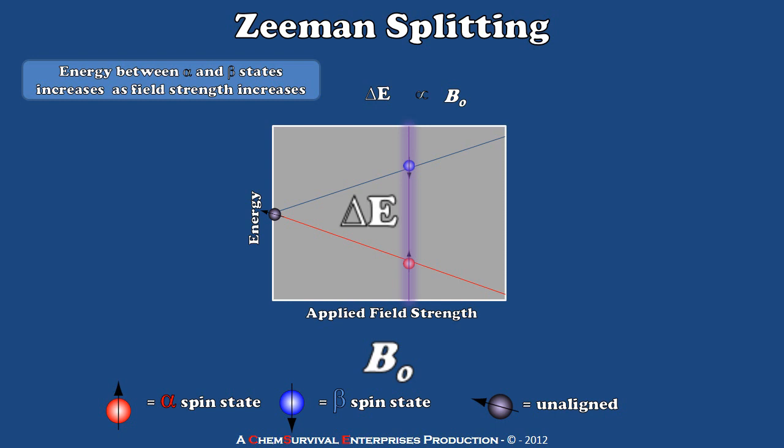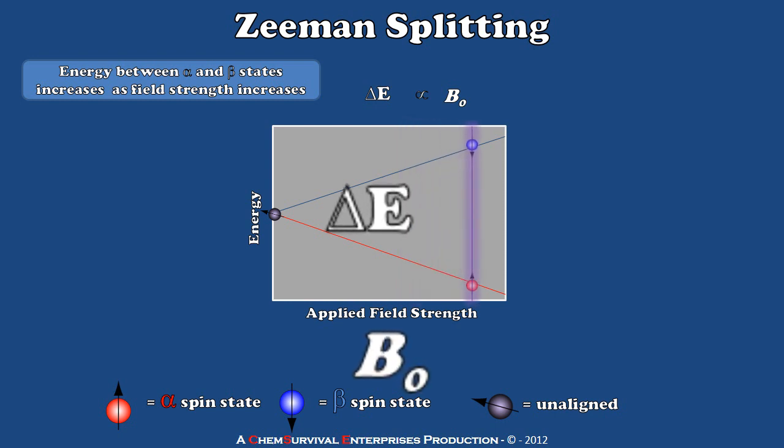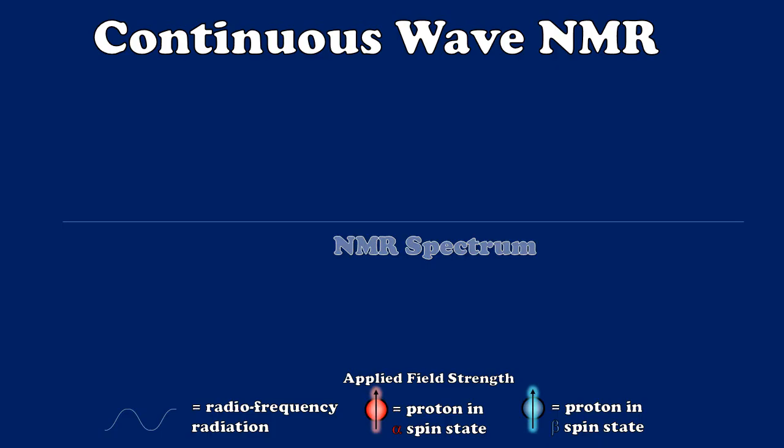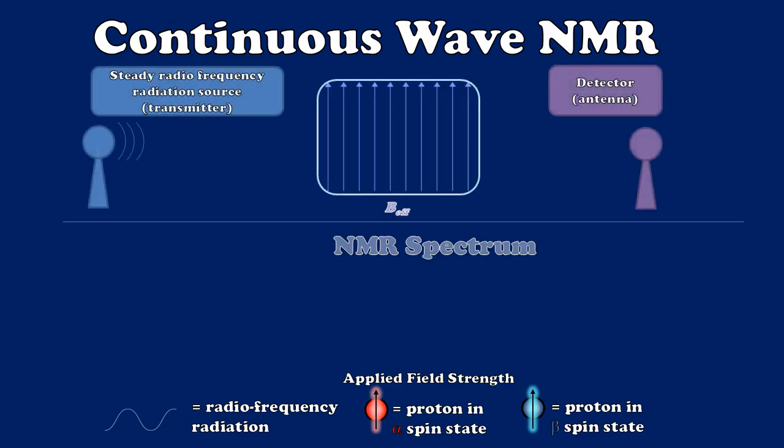The alpha becoming ever more stable, the beta becoming ever less stable as we increase the field strength. It's the energy difference, the Zeeman splitting, that we're really measuring during what's known as a continuous wave NMR experiment. Continuous wave NMR is not really used much anymore, but it's a much simpler technique to understand, so we're going to start there. In a continuous wave NMR experiment, we have a radio transmitter on one side of the sample and a detector on the other.